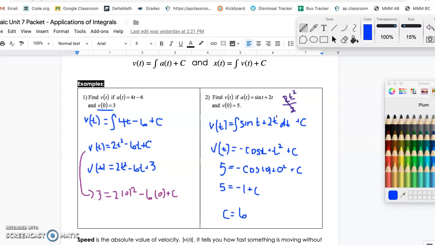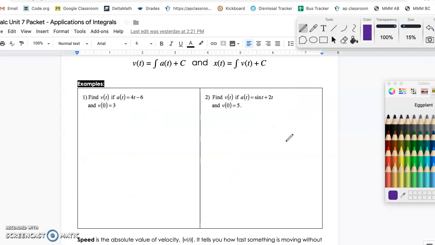And then we just take that and plug it back into our v of t equation. So instead of that c there, you'll just have a 6. Sorry about that.